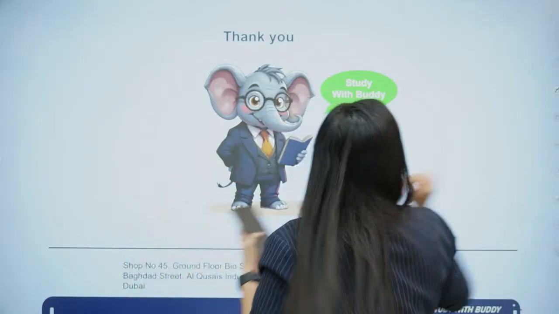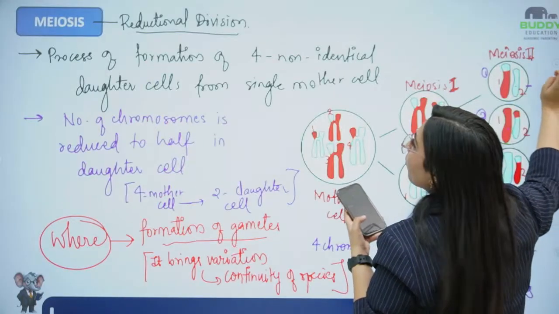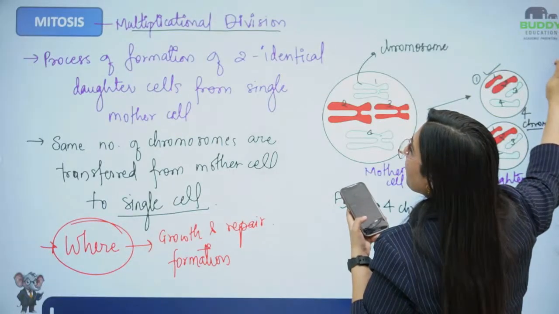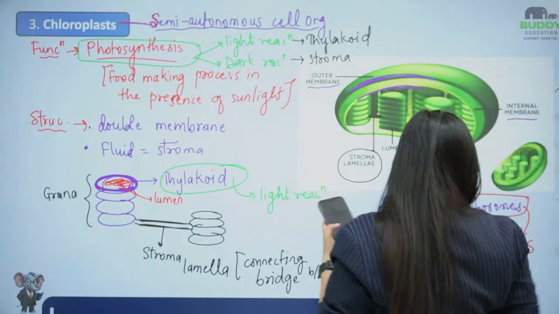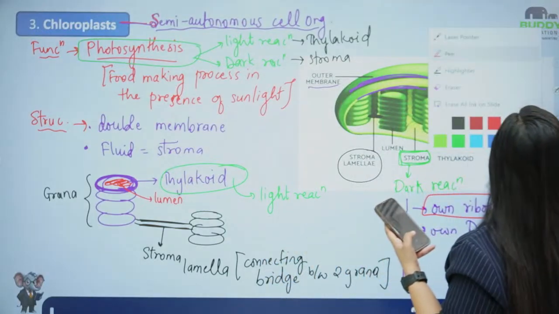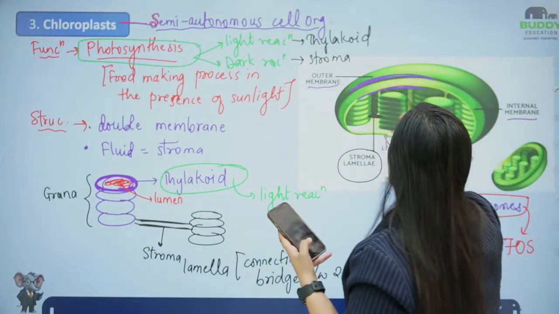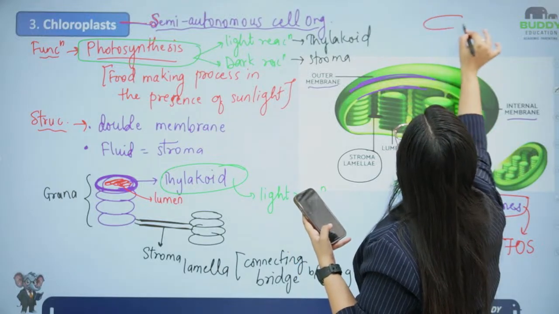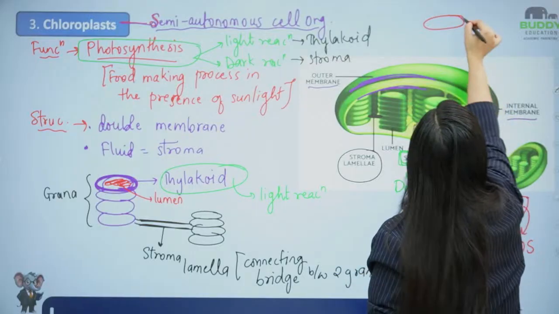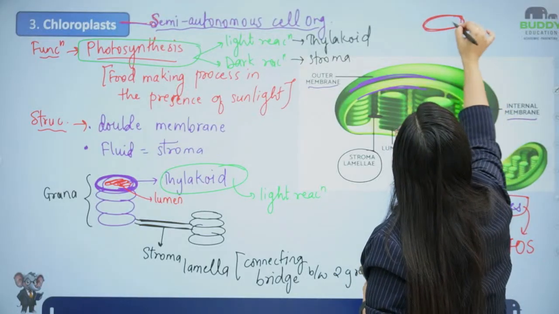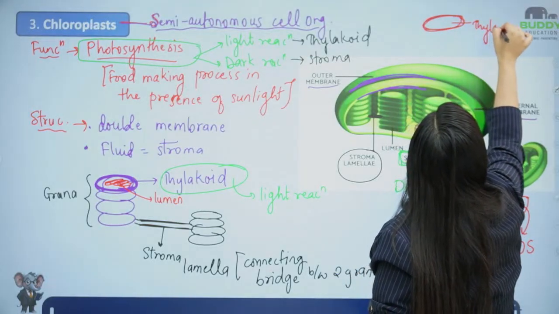Okay, grana. Beta, let me just have a quick recap for the grana. When I was talking about the grana, this chloroplast consists of stacking of coin-like structures. This one coin is known as thylakoid.